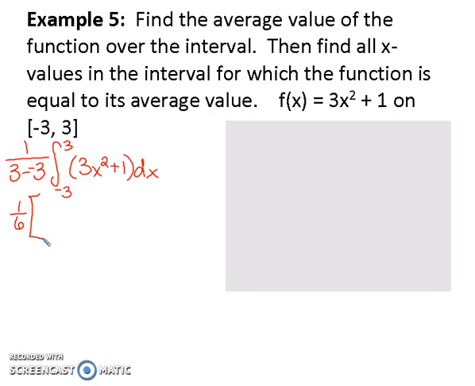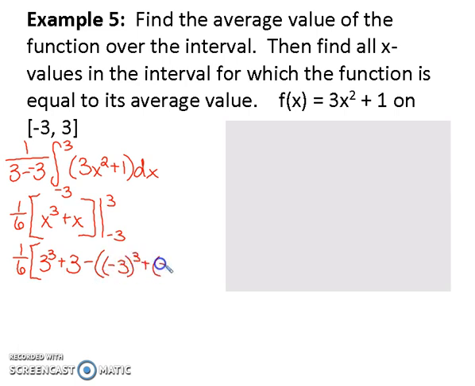So remember, the 3x squared plus 1, that integrand is the derivative. So I have to think backwards to what did it come from. So 3x squared came from x cubed. The plus 1 came from x, and my boundaries are -3 to 3. So remember the way we evaluate that, we plug the upper boundary in first, minus the lower boundary.